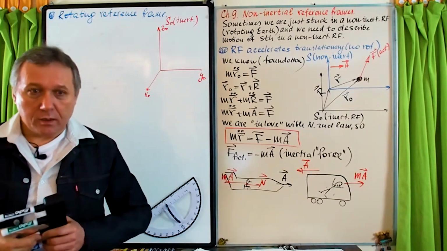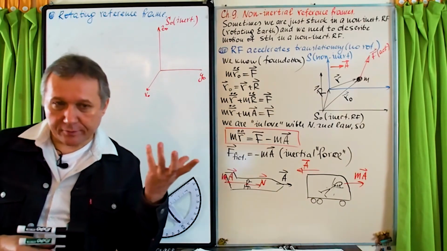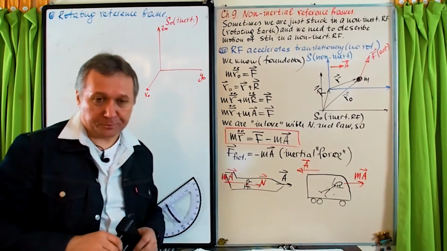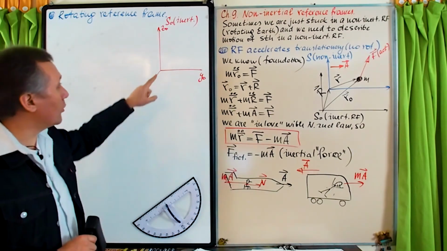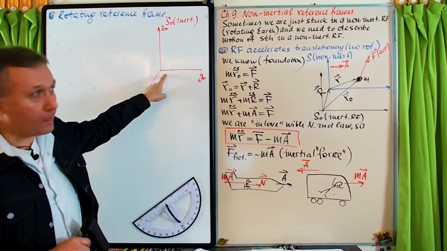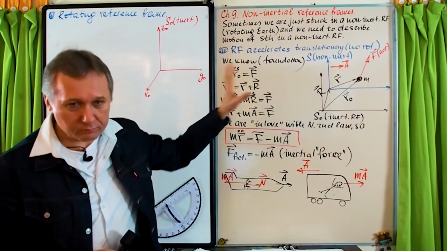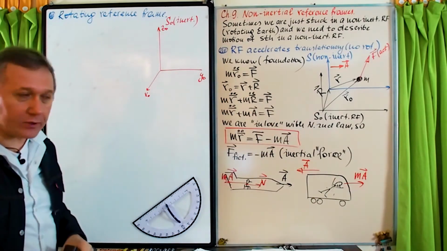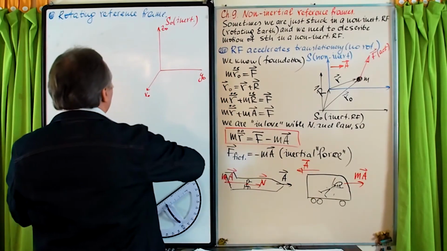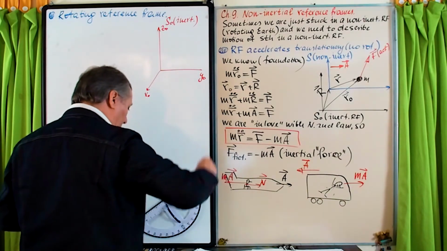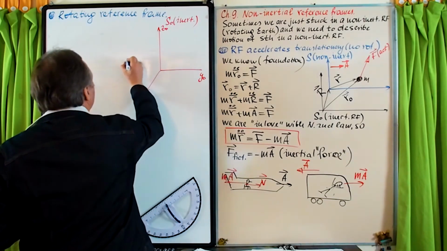And then a non-inertial reference frame, spinning. Their origins coincide, because we already know how to describe translational acceleration, so let's remove that from this picture. I will use blue for the non-inertial frame.